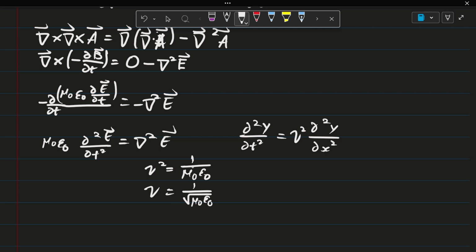So this is the speed. And if you plug in the values, this is about 3.00 times 10 to the power of 8 meters per second. Now, this value is actually exactly the speed of light. So people started to think that light is pretty much just an electromagnetic wave, and that's why we could actually observe light even though there are no particles.